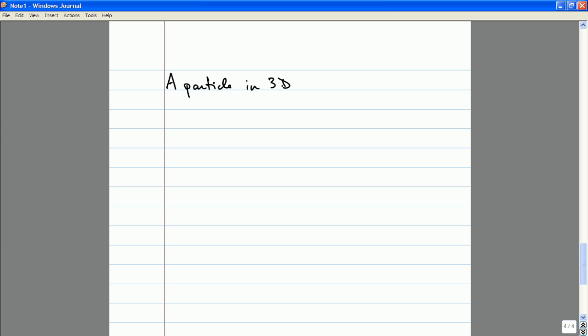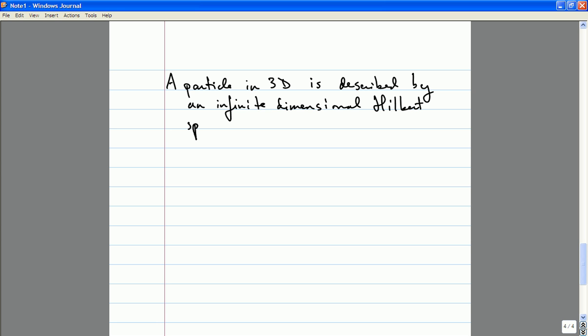A particle in 3 dimensions is described by an infinite dimensional Hilbert space, and in particular, it's the Hilbert space of wave functions that describe the particle in 3 dimensions, which in position space, for example, you would write something like this.